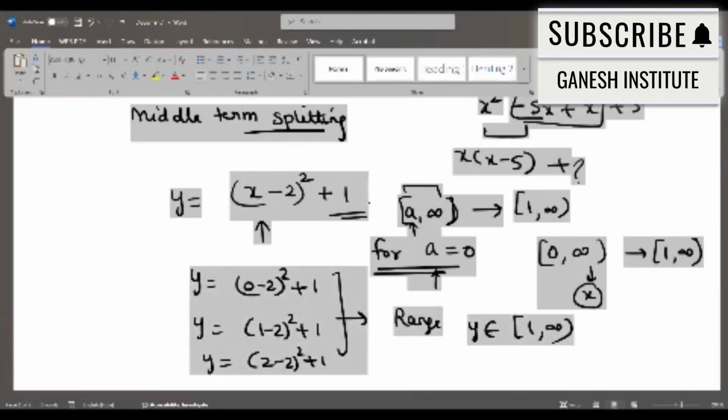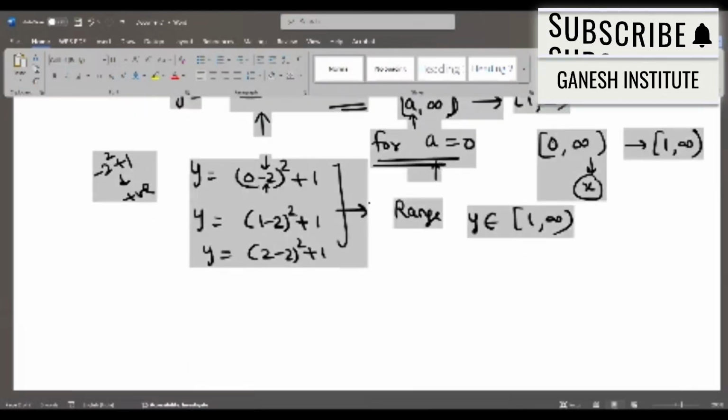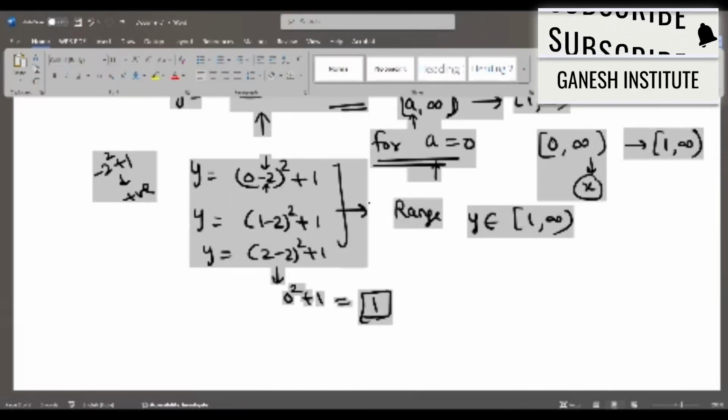See, can there be anything? For example, this is giving you -2, but -2 square will give it positive. The least answer which it can be is this. 2 minus 2 is 0. 0 square is... So it is starting from 1, right?